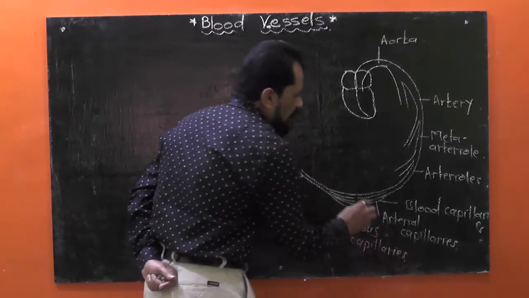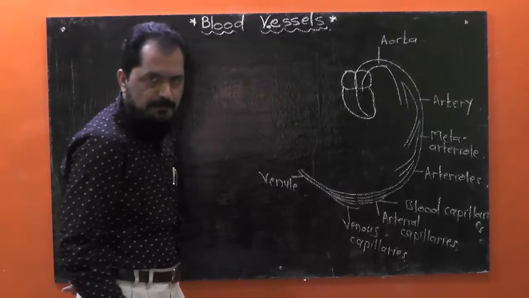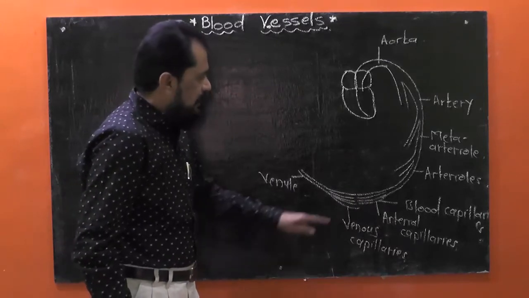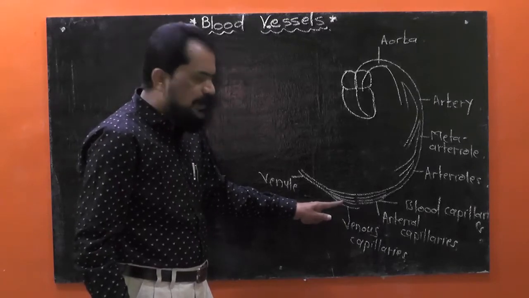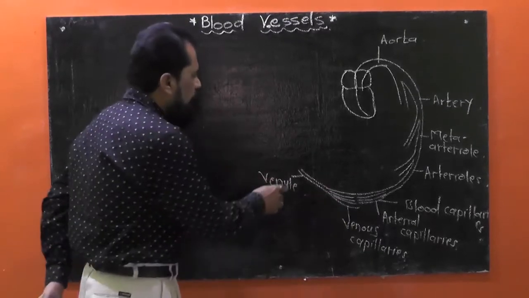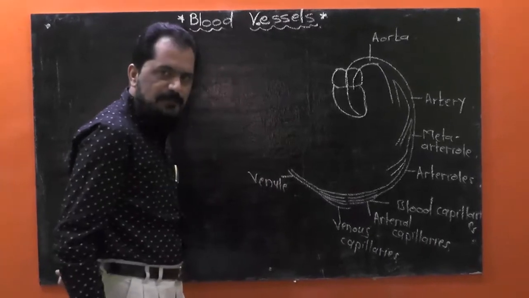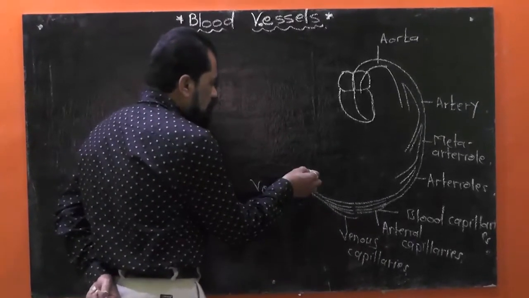Arterial capillaries are thinner than the venous capillaries. So here the capillarization takes place at the tissue level. The venous capillaries reunite to form a slightly larger blood vessel, that is venule.